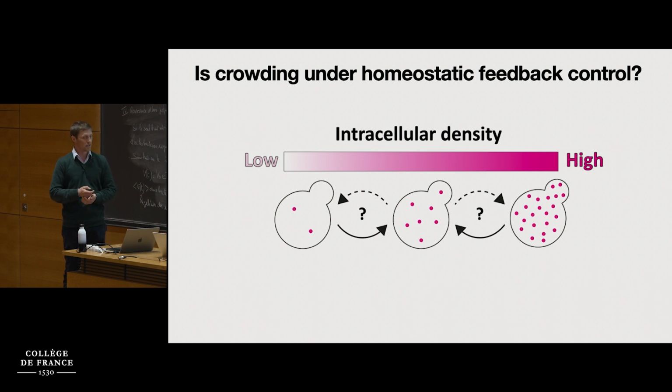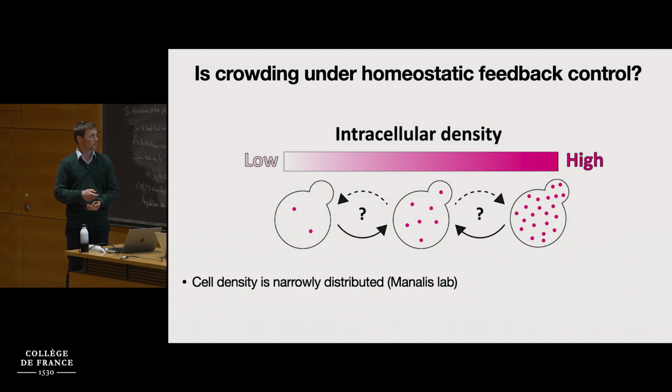And I think, apart from the fact that we found that protein concentration decreases when cells grow too large and DNA becomes limiting, there are actually also a number of studies that suggest that crowding is under homeostatic regulation. One of these observations is that if you really precisely measure the density of cells, the variation is really tiny.